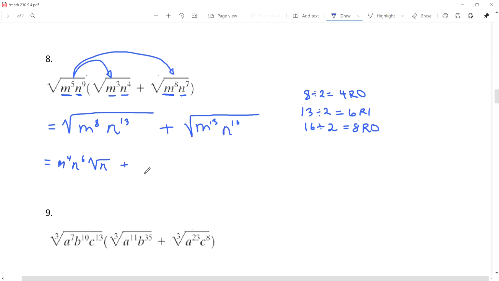For the next radical, 13 divided by 2 is 6, so that's going to give me an m to the 6th in the front, with a remainder of 1 m on the inside. 16 divided by 2 gives us 8, so that's n to the 8th in the front with a remainder of 0, so there's no n on the inside.